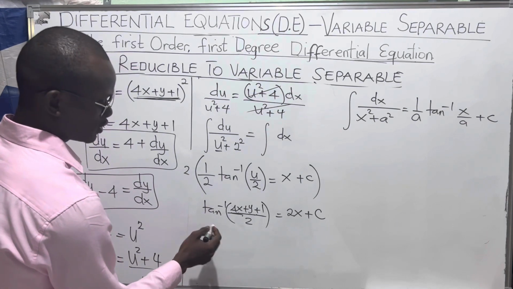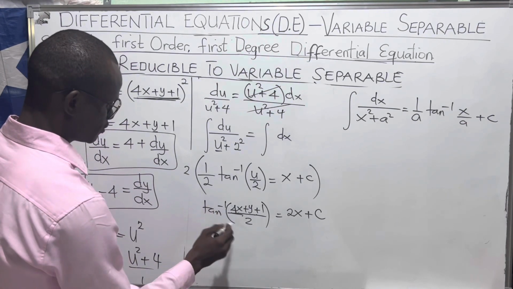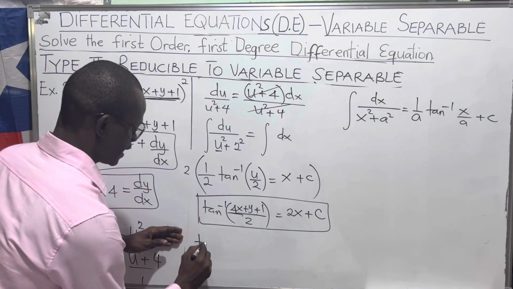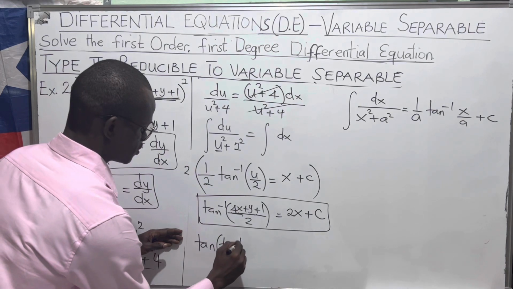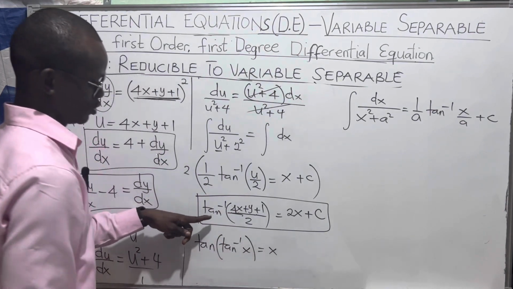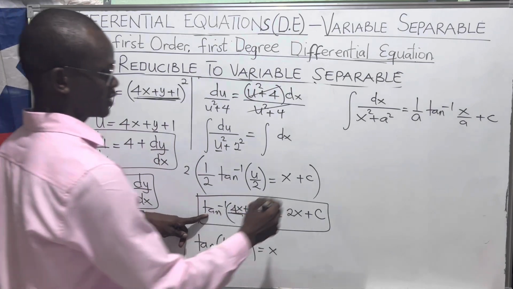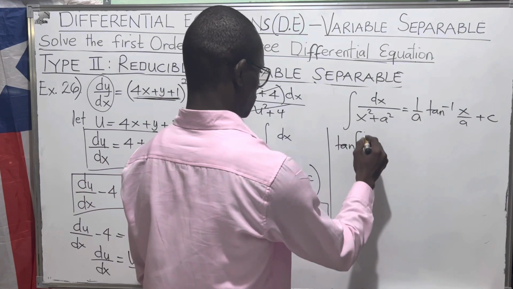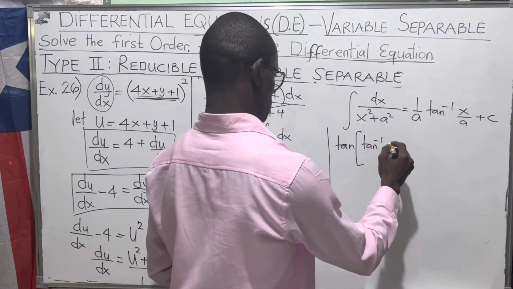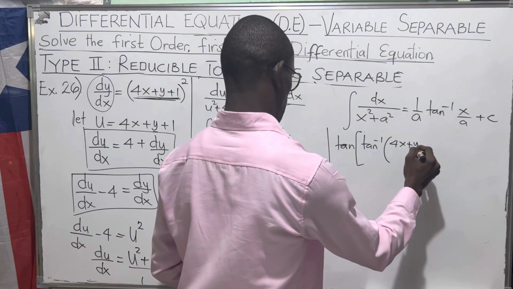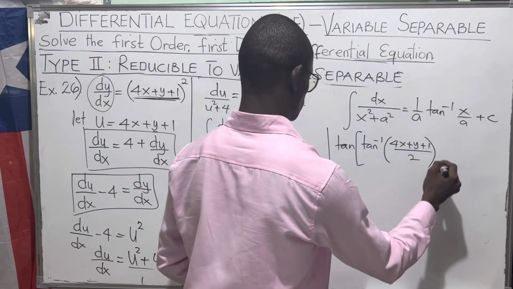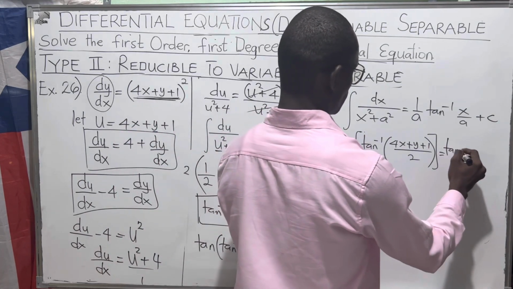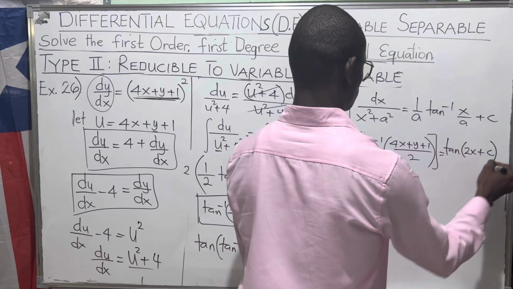Now you can call this your final answer, but we want to further simplify this. We know that tangent inverse of x is just equal to x. So we can take tangent on both sides. Tangent of tangent inverse of (4x plus y plus 1) over 2, and then on the other side, tangent of 2x plus c.